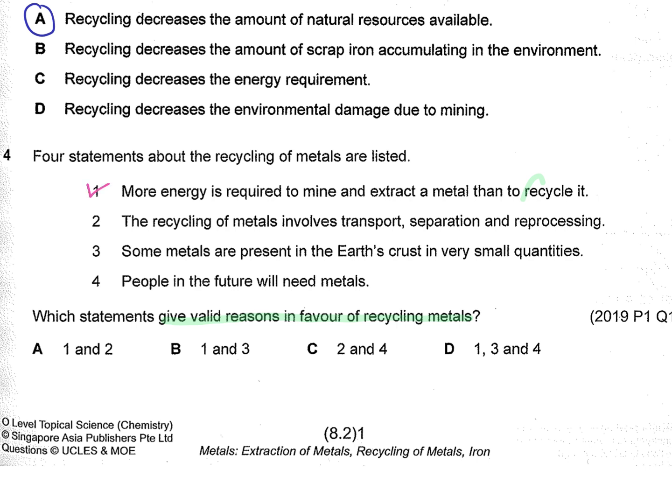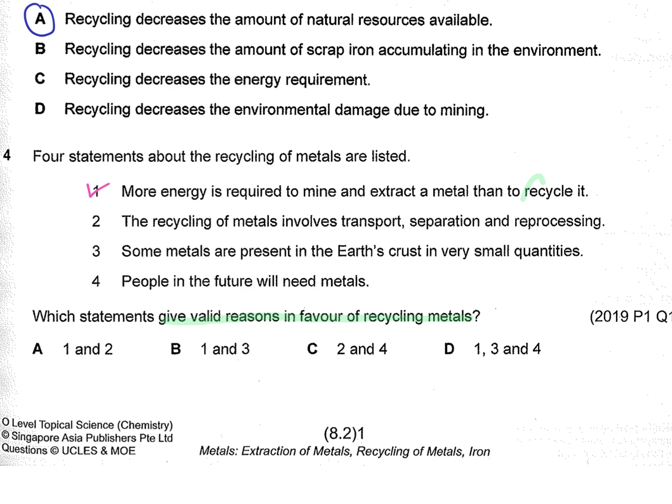Now, the second reason, the recycling of metals involves transport, separation, and reprocessing. So what does this mean? So usually the unwanted metal that's collected will consist of the metal that's useful and the metal that's not useful. Okay, and before you can actually do the sorting out of all these metals, you have to transport them to a particular factory where they'll engage people to do the separation process to pick out the useful metal from the not useful one, and after which they can then reprocess those metals that can be reused.